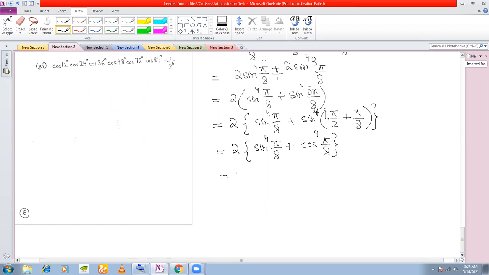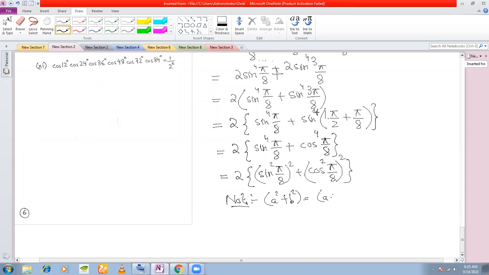Now we are in a position to write this as sine square pi by 8 square plus cos square pi by 8 square. Now we note this formula of a square plus b square is equal to a plus b whole square minus 2ab.